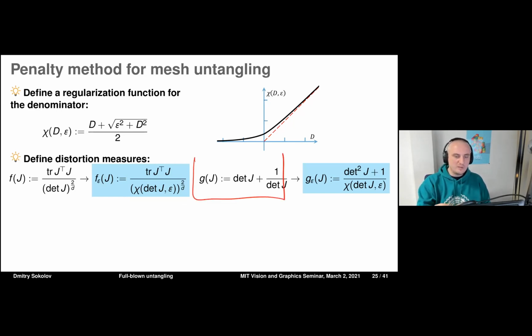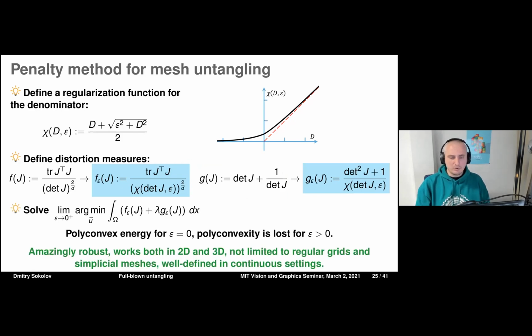So when we minimize for a determinant plus 1 over the determinant, we want to compute a map whose Jacobian determinant is equal to 1. And we can regularize this function just like we did for function f. Finally, we combine both distortion measures through the trade-off parameter lambda.